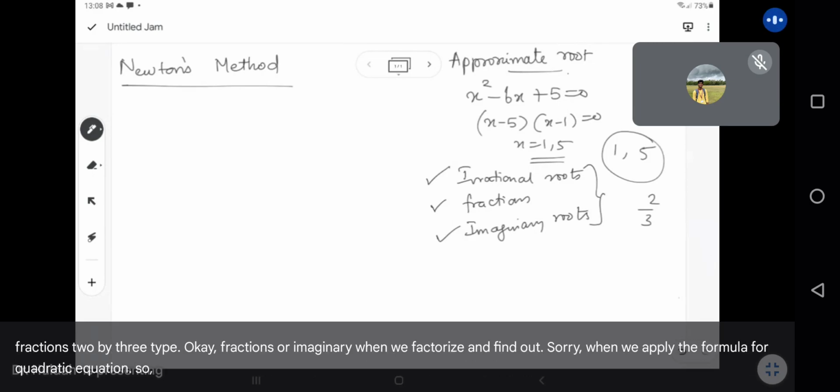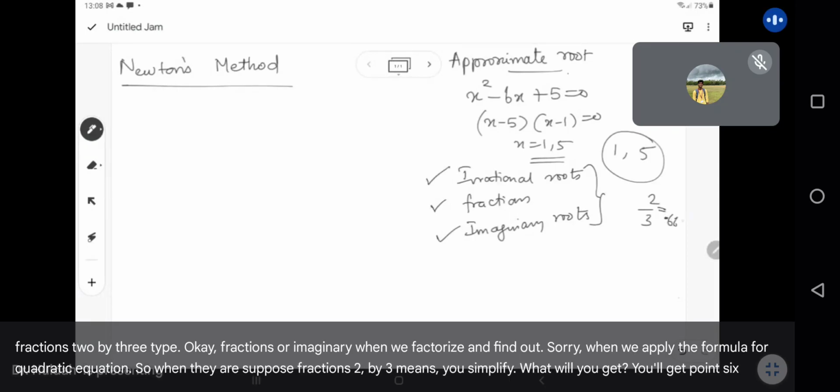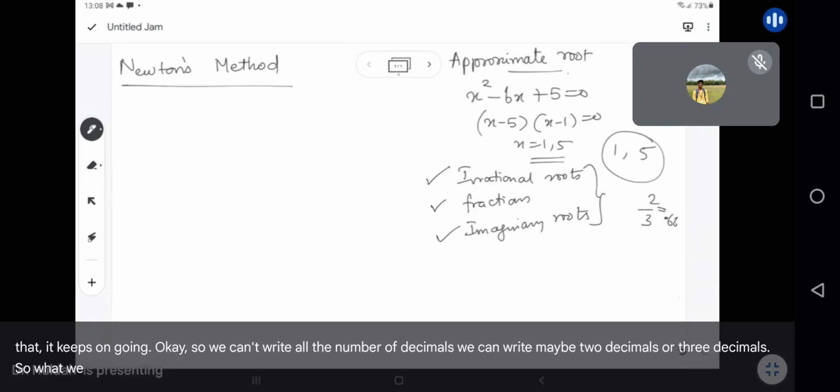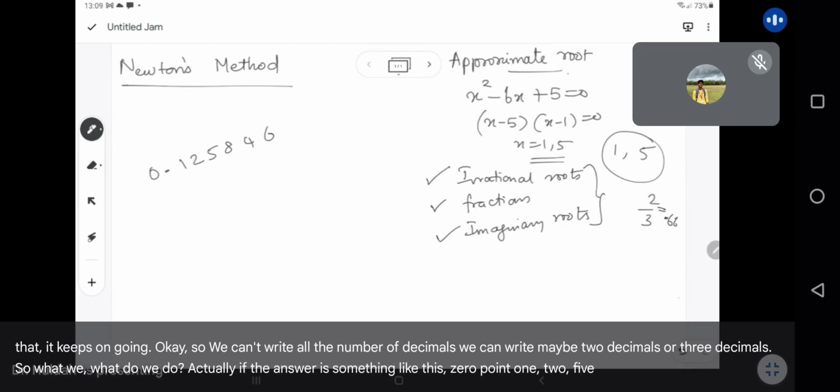So when they are fractions, 2 by 3 means you simplify, what will you get? You will get 0.66, like that. It keeps on going. So we can't write all the number of decimals. We can write maybe 2 decimals or 3 decimals. So what do we do actually if the answer is something like this, 0.125846, I get such a big thing as a root?